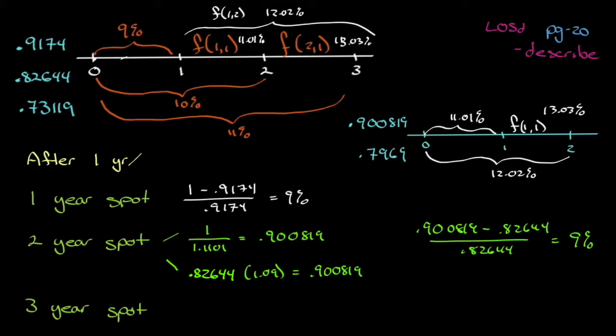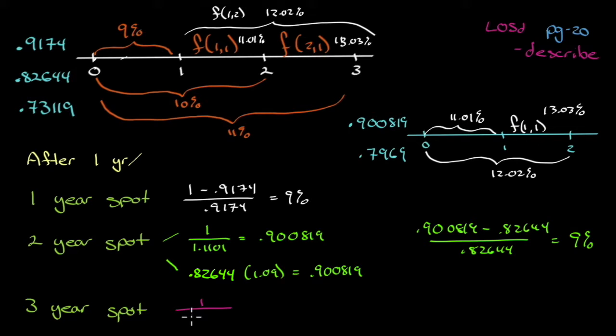What is the 3-year spot? What's the value of the 3-year spot after 1 year? Well, after 1 year, what do we have? It's nothing more than a 2-year spot, and the 2-year spot rate is 12.02. So we can take 12.02 squared, or we can take each of the rates.